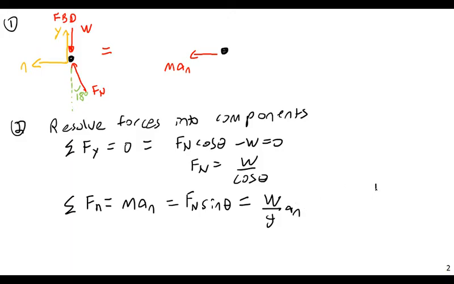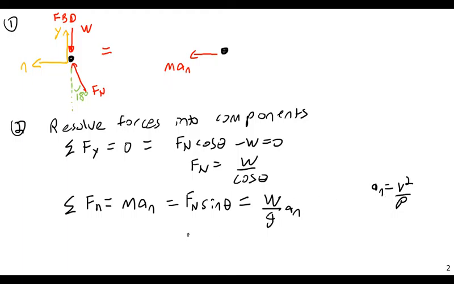However, I remember that centripetal acceleration has to be equal to V squared over rho, as we have seen previously, so I can put that in here. Now I know that Fn is equal to W over cosine theta, so in the next line I'm going to replace the normal force with W over cosine theta and A n with V squared over rho.